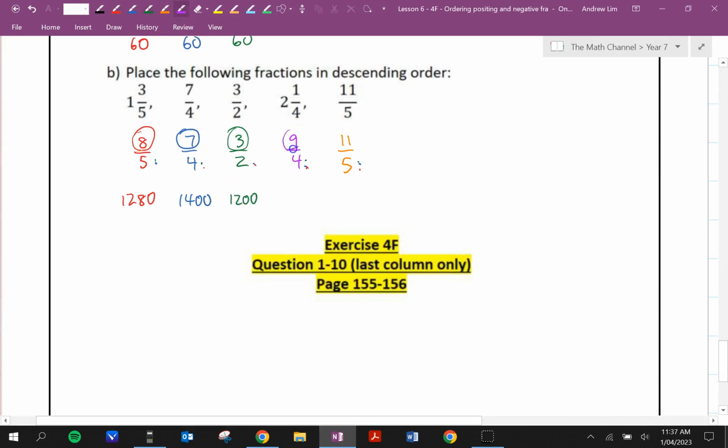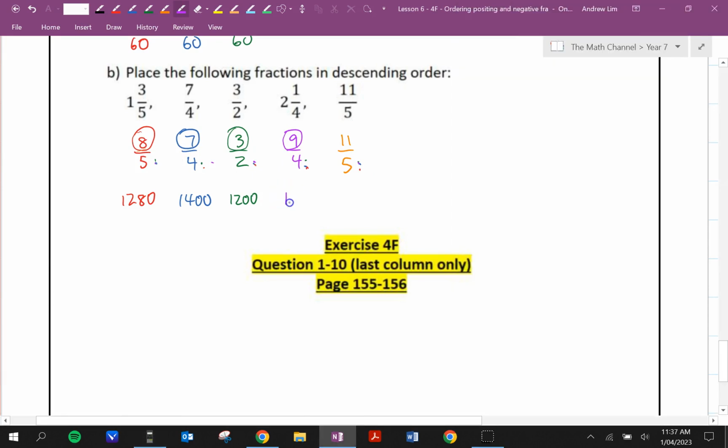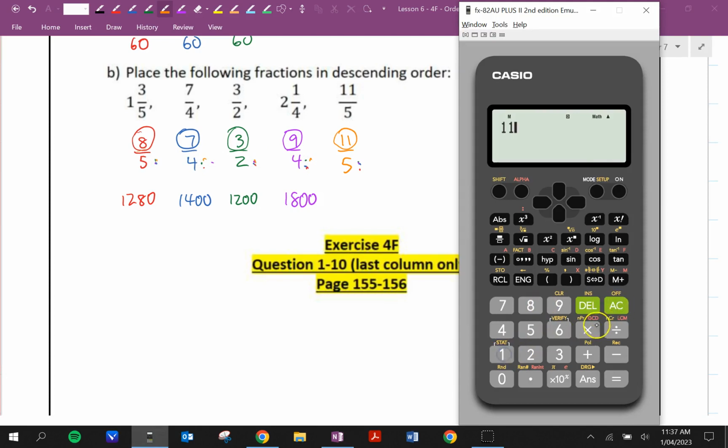My 9, times it by all the other denominators, 5, 4, 2, and 5, giving 1,800. And my 11, multiply by all the other denominators, 5, 4, 2, and 4, giving 1,760.